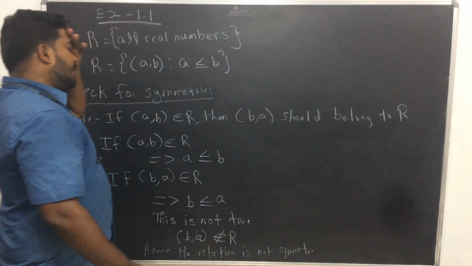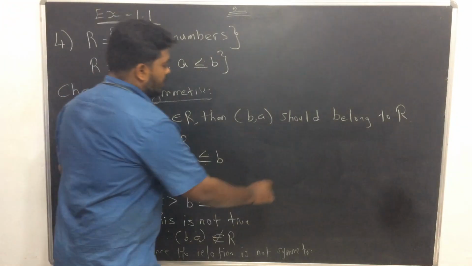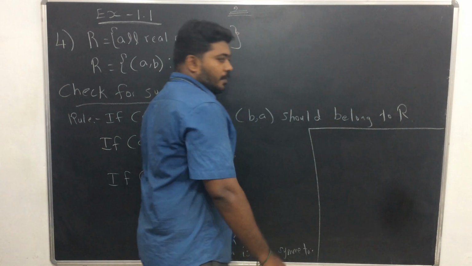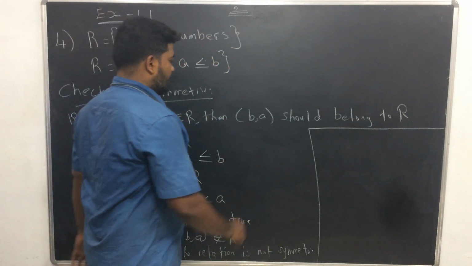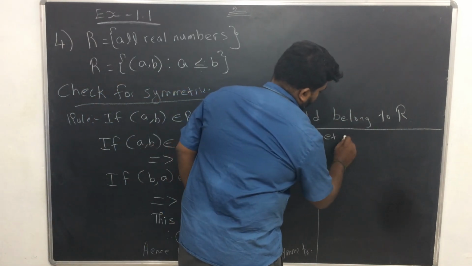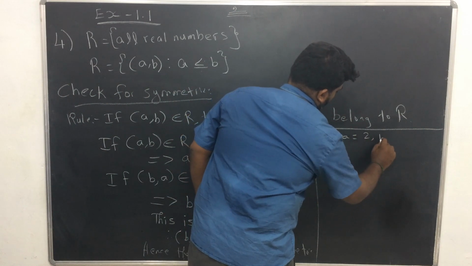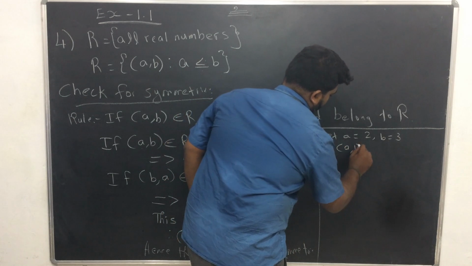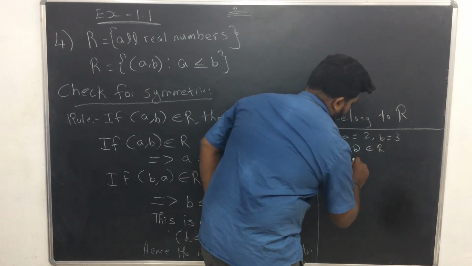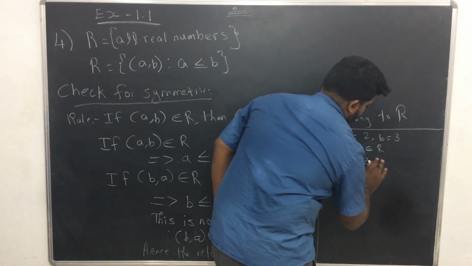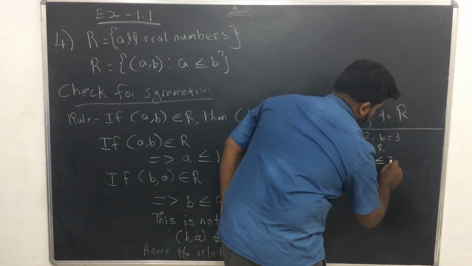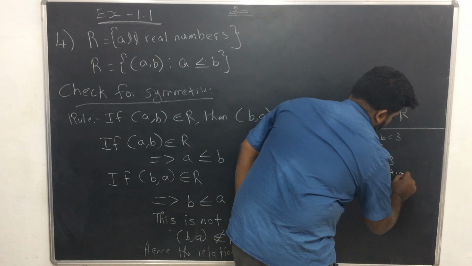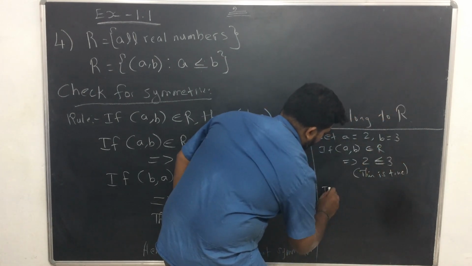Okay. We can also do the sum by taking an example. No harm taking an example. So, let A be 2 and B be 3, and we can say (A, B) belongs to R. It implies that 2 is less than or equal to 3. Now this is true. Okay. Now, checking for (B, A).